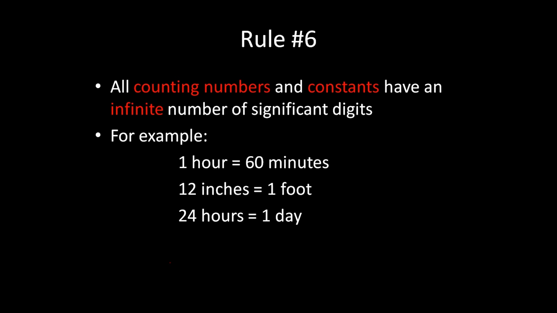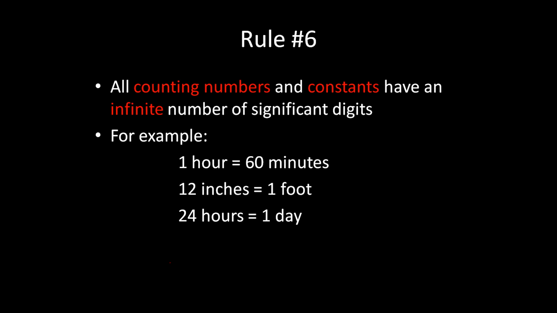For example, you know that in 1 hour there are 60 minutes, and this 60 is going to be a count, which means the number of significant figures in 60 minutes is going to be infinite. Or 12 inches, infinite. 24 hours in a day, 24 hours is going to be a count. So counting numbers and constants do have infinite number of significant figures.